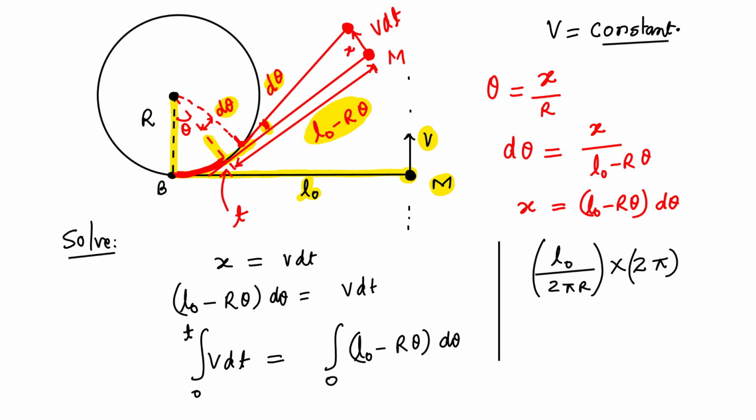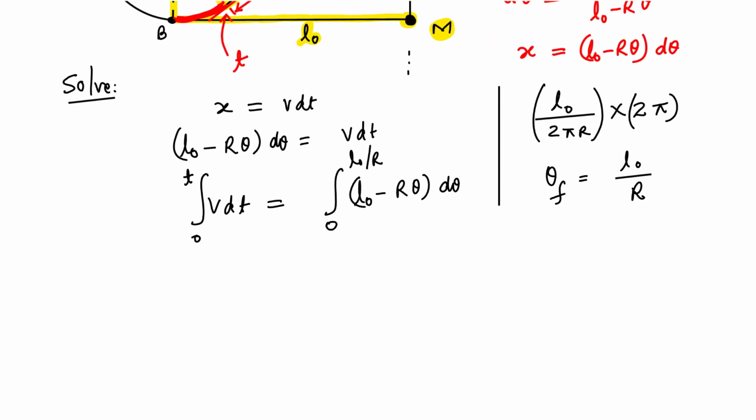So the final theta will be L naught by r. Now you simply integrate this. Vt equals L naught theta minus r theta square by 2, with limits 0 to L naught by r.